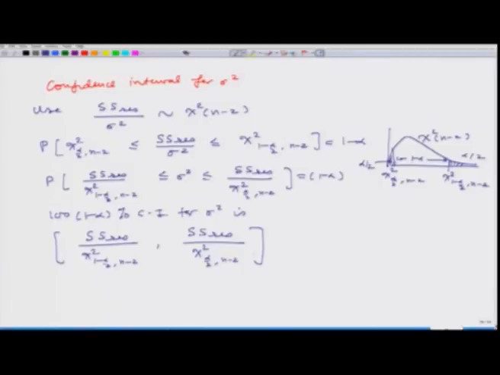So, these two values of chi-square can be obtained from the tables of chi-square probability. Right. So, they are available. Sum of squares due to residual can be obtained on the basis of the given set of data. So, this 1 minus alpha percent confidence interval can be obtained on the basis of the given set of data.